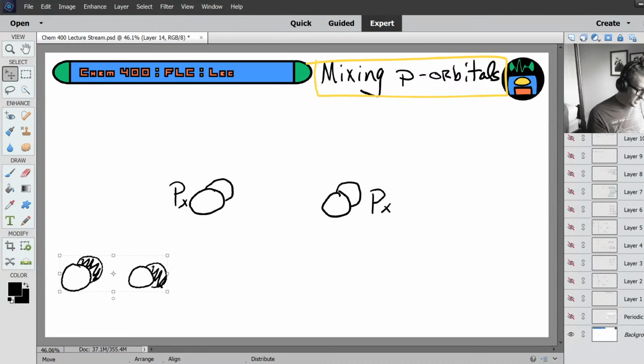When you have the shaded and unshaded sides matching, this is constructive orbital overlap.